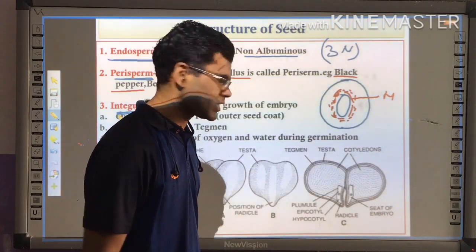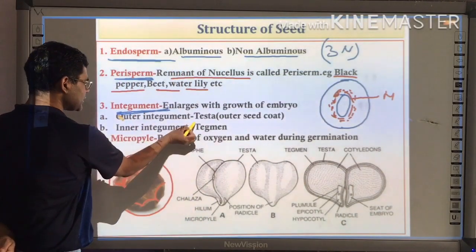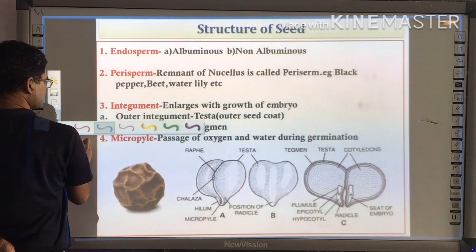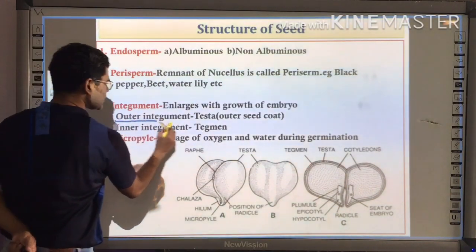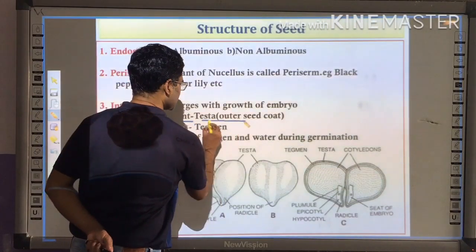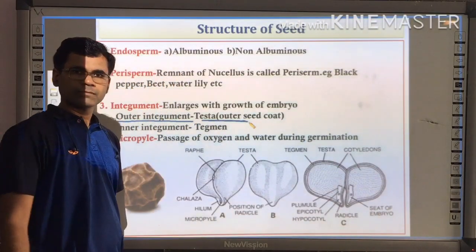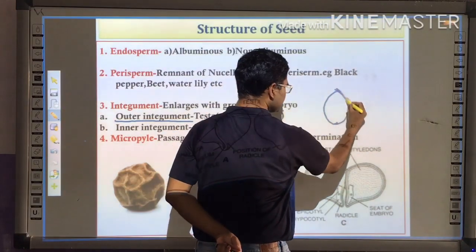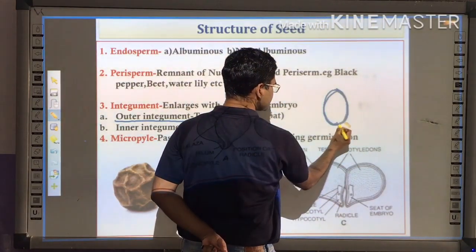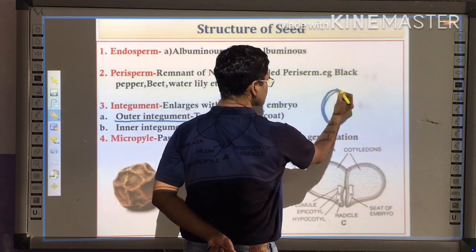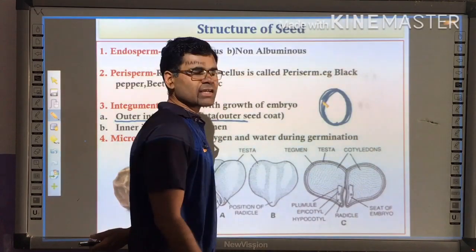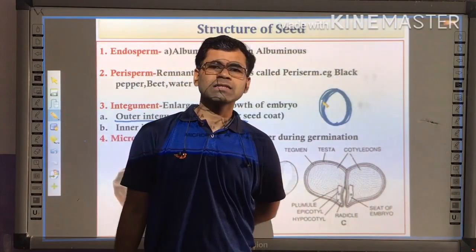After fertilization, the outer integument converts to testa. The outer integument becomes very thick and very tough, and this thick and tough part is called the testa.